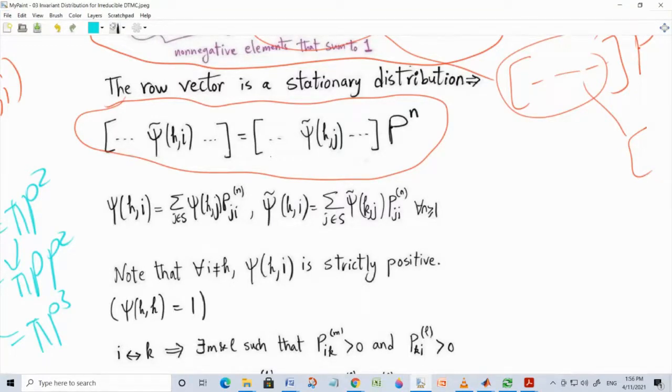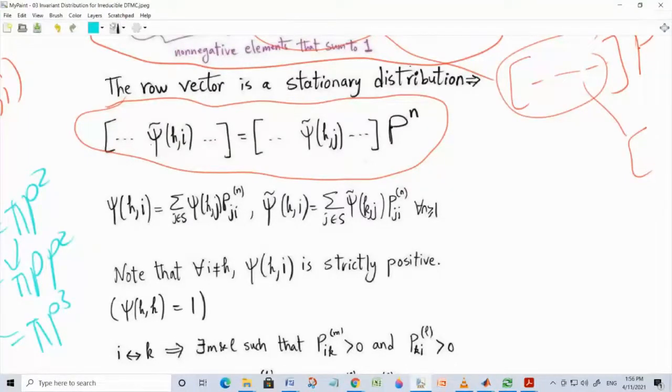What is the issue now? We want to check whether the vector is just a non-negative vector, or whether it is also composed of strictly positive elements. We know it is non-negative because of the definition of psi. It is a sum of probabilities, the average number of visits, so it is a non-negative quantity.